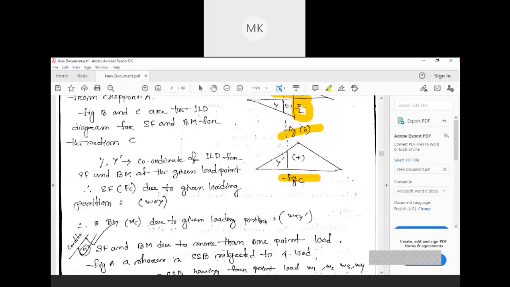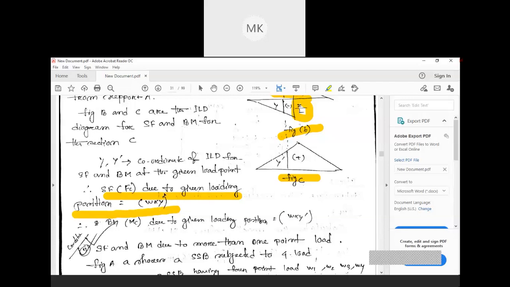Now what we need to remember, all of you please listen carefully. When a single point load is given in a particular beam, how do we calculate that SF? All of you need to remember this formula. The SF due to the given loading position is simply given by W into y.